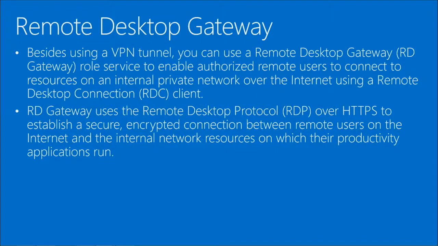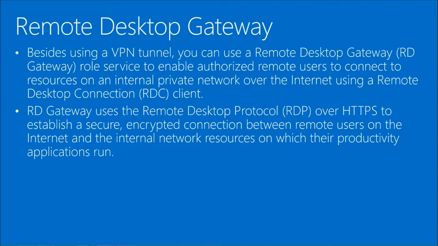Now, that's fine if I'm running locally, but what happens if I want to access these applications over the internet? That's where Remote Desktop Gateway comes in. This gateway enables access from the internet to my desktop resources and applications on my internal network.